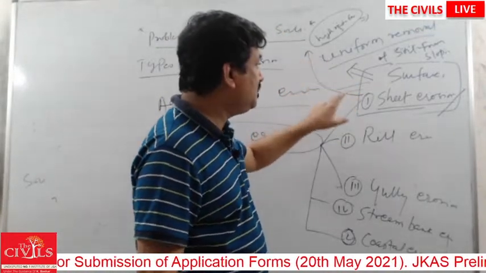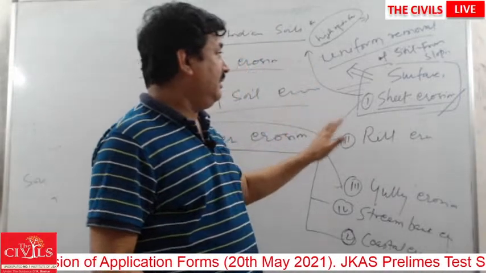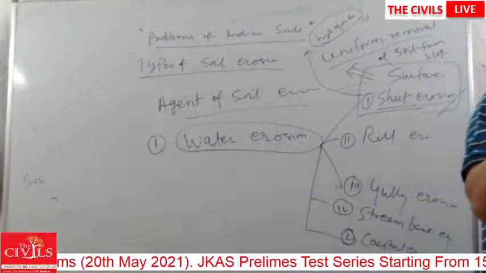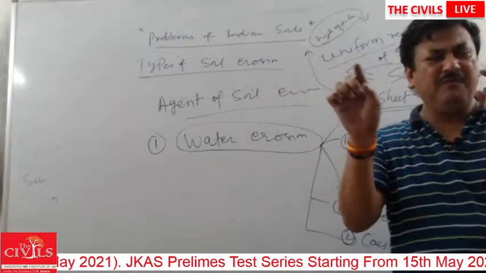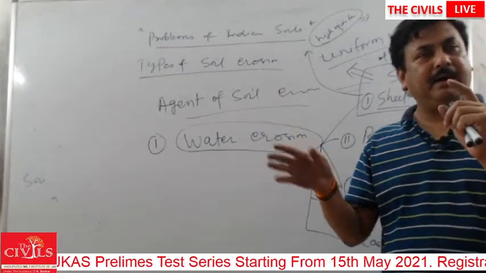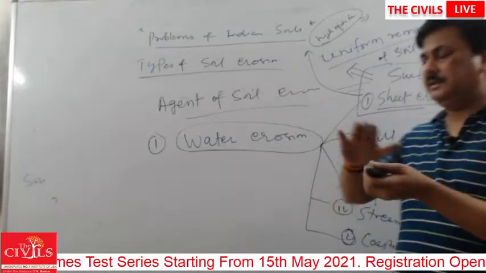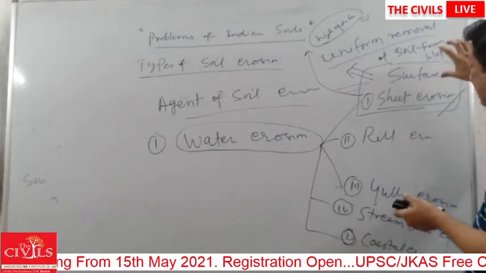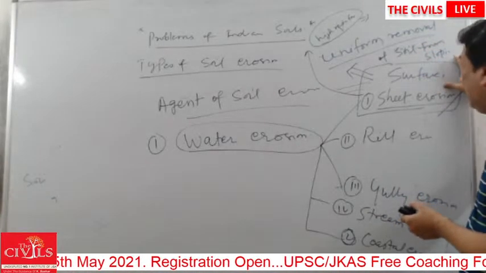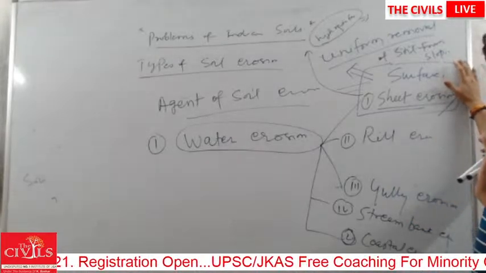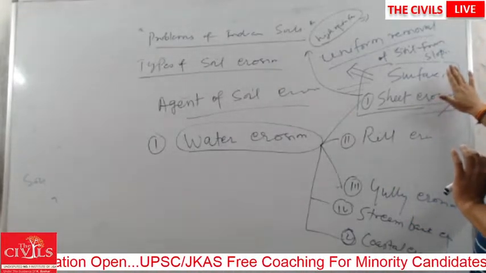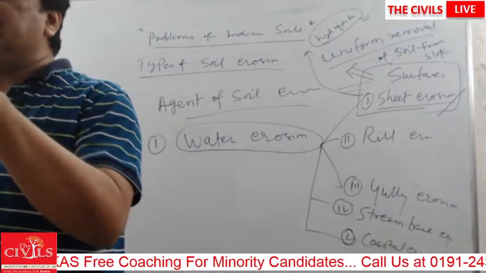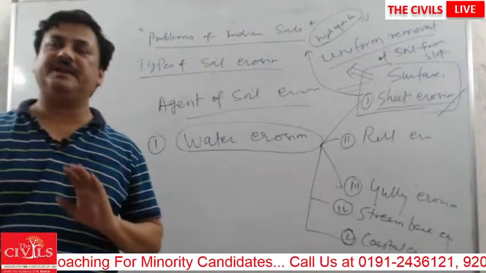So surface erosion or sheet erosion is that erosion in which the uppermost layer of soil is removed uniformly under the action of running water, and this type of erosion is basically found on sloping surfaces. In areas of gentle slope, it also takes place during huge rainfall.